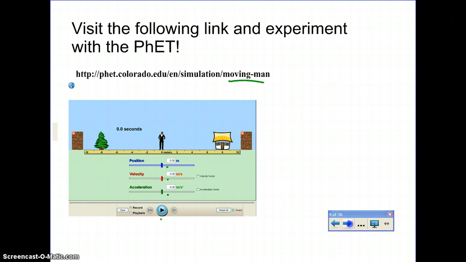One of the tutorial problems that I've put on the website for you is a Moving Man PhET tutorial, and it's terrific, but it's long. I think it budgets about 30 minutes for it. And it might take you that long, because to really play with it and answer that question will help you understand these graphs a great deal. So I highly recommend it.